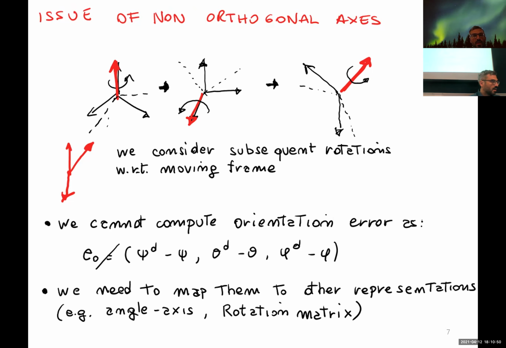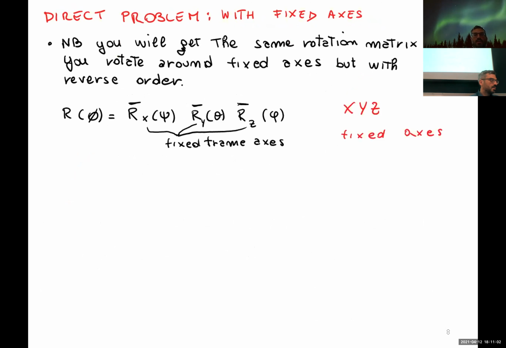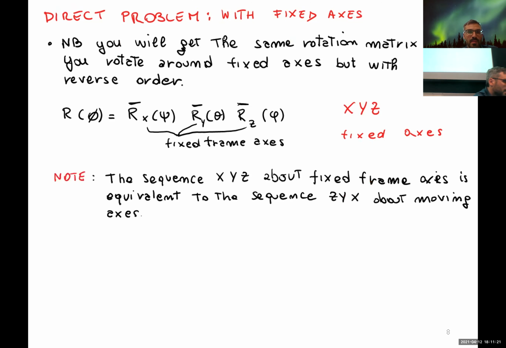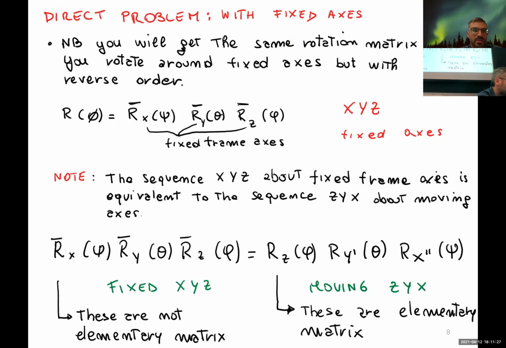If we want to do the direct problem with fixed axis, not with the moving axis, as I said, we can get the same rotation matrix if we shift the order of the axes. So rather than doing first Z, then Y, then X about moving axes, we rotate first about X, then about Y, and then about Z. But these rotations are not elementary matrices, so they have a more complex definition, and that's why we never work with fixed axes.